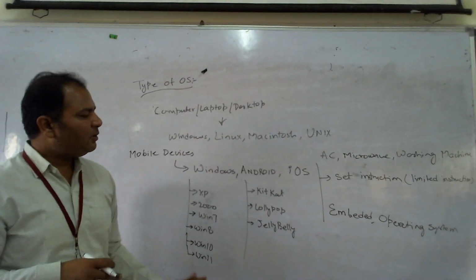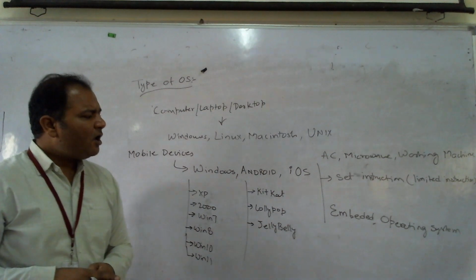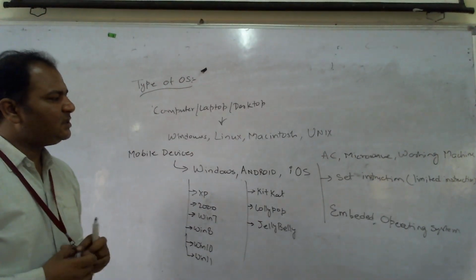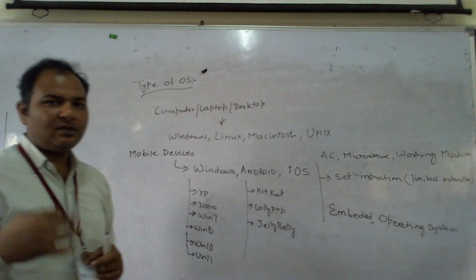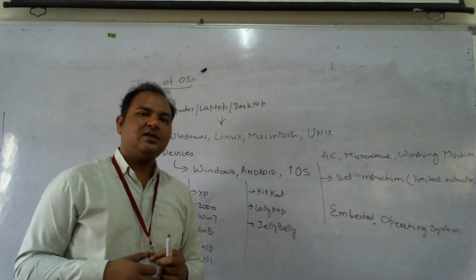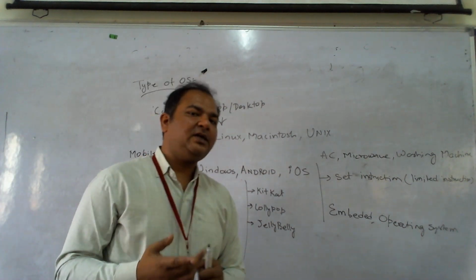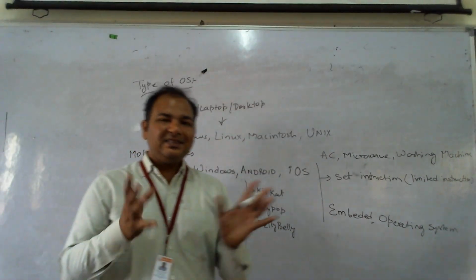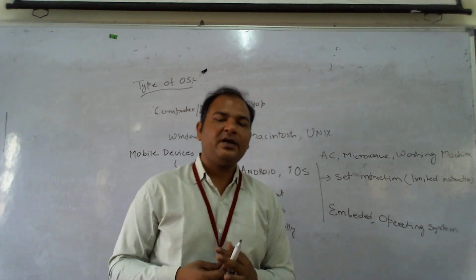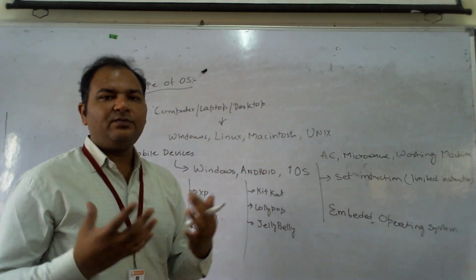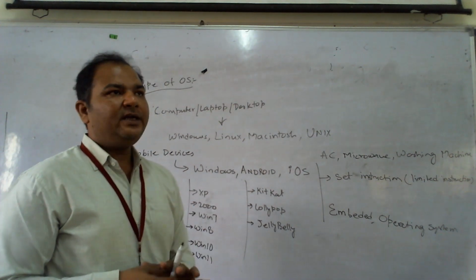So this is all about the operating systems of different machines, and we will discuss the types of operating system in the next lecture: the generalized types of operating system which we can use on different platforms.